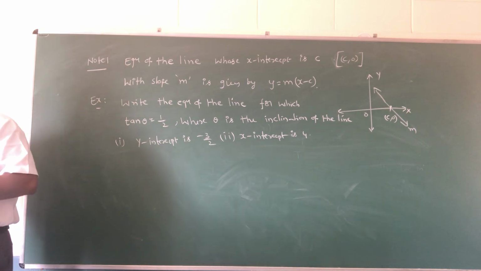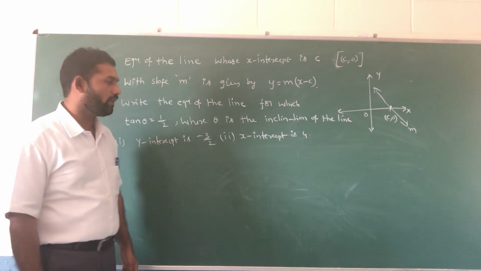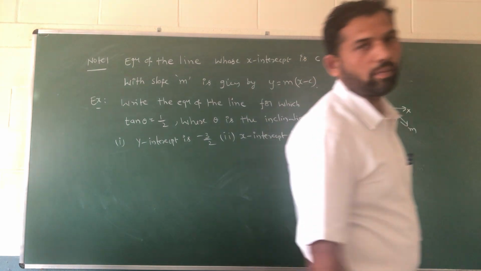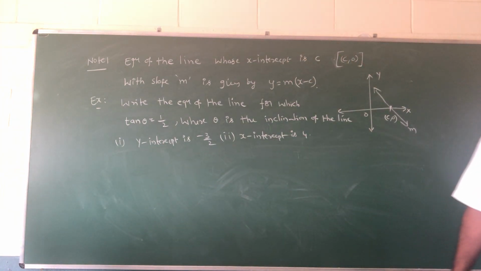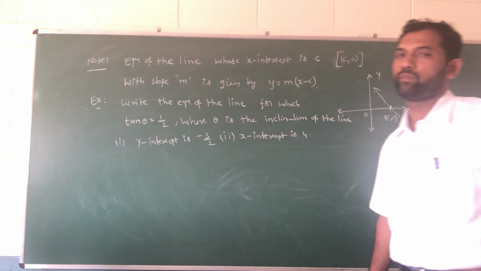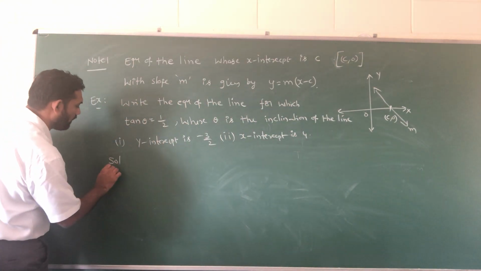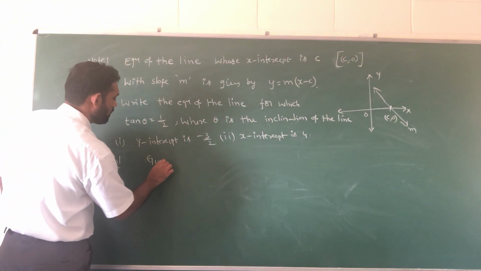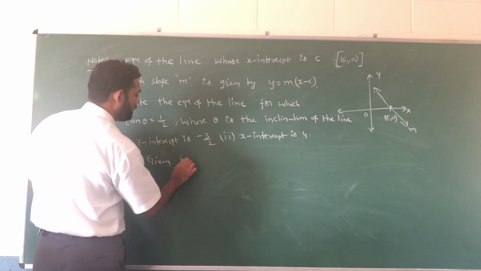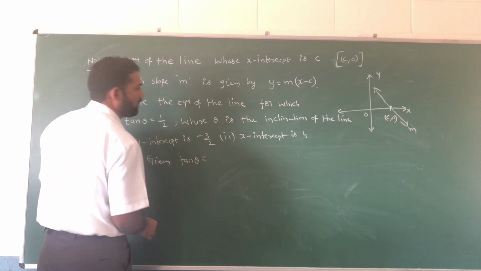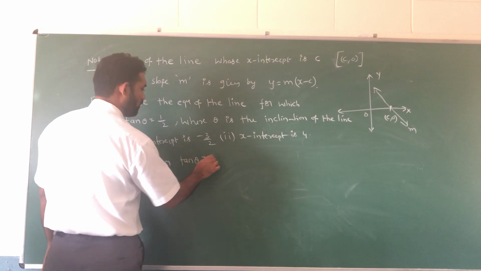See this. One problem has the x-intercept given, one problem has the y-intercept given, but the slope is the same. Tan theta is given as 1/2.